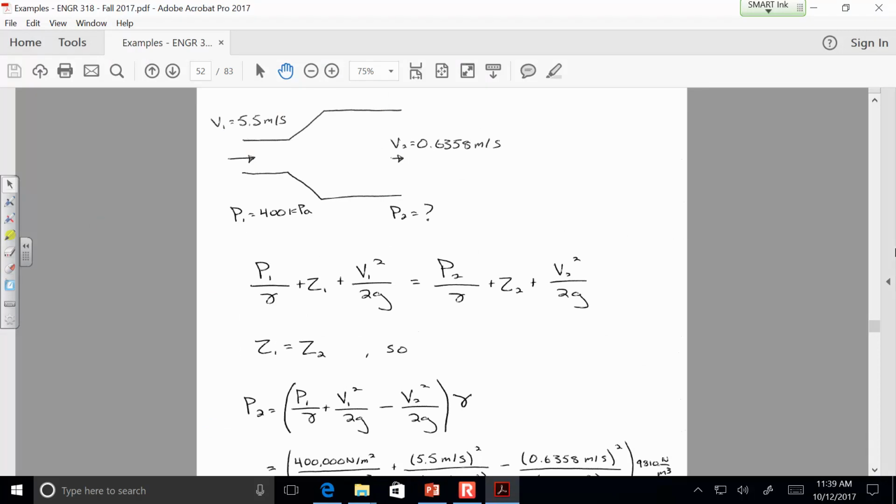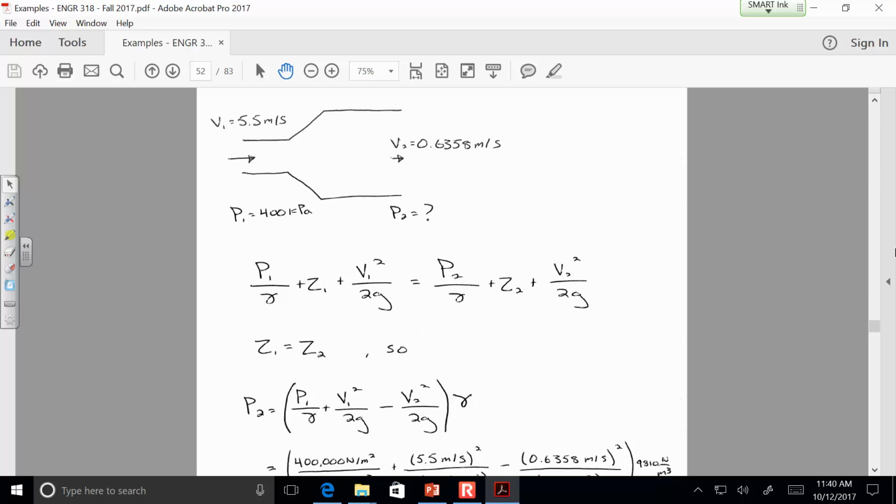All right, so the flow is coming in at 5.5. It exits at 0.6358 meters per second. So we start with Bernoulli's equation. P1 divided by gamma plus Z1 plus V1 squared divided by 2g is equal to P2 divided by gamma plus Z2 plus V2 squared divided by 2g.